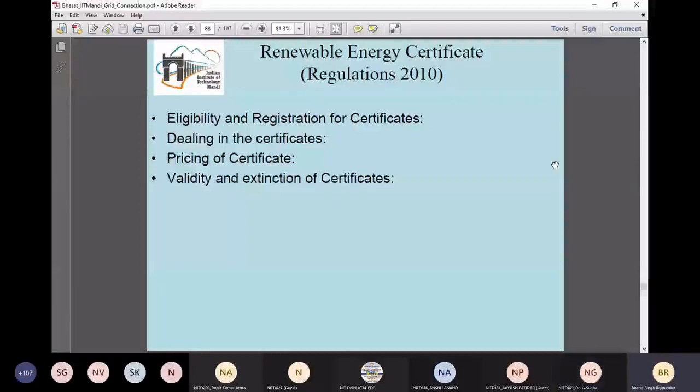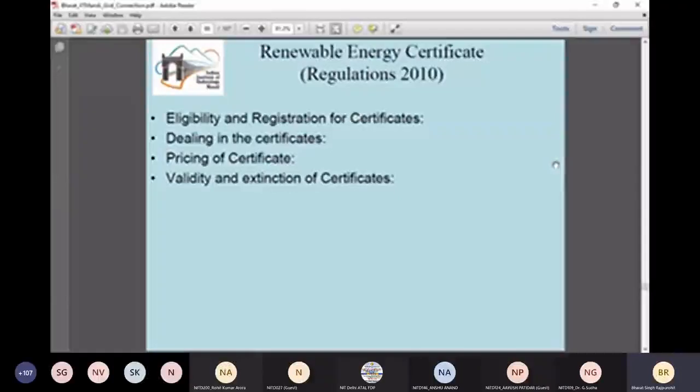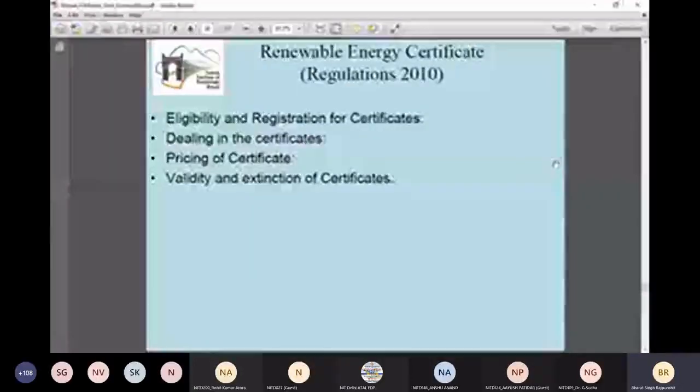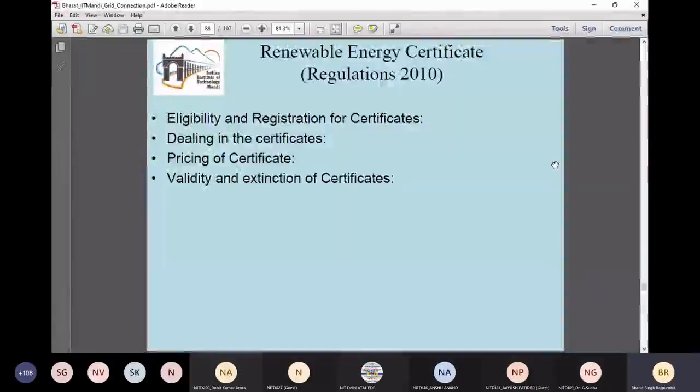So the average power purchase cost is based on how that particular state in the previous financial year bought power from different sources, somewhere at 2 rupees, somewhere at 1 rupee, somewhere at 3 rupees, somewhere at 4 rupees. So the average power purchase cost is calculated based on how much they have invested in buying the power and how many units of power they have bought from different sources. This is how they are able to calculate the average power purchase cost.